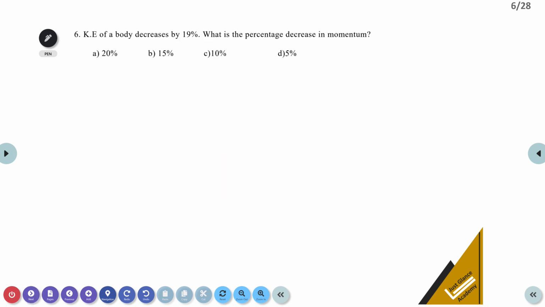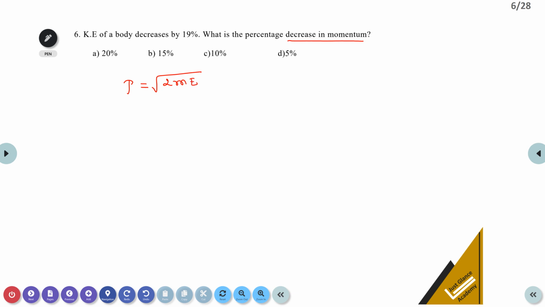Okay. Next, kinetic energy of the body decreases by 19%. What is the percentage of decrease in momentum, he is asking. The relation between the momentum and the kinetic energy, P equal to square root of 2mE.